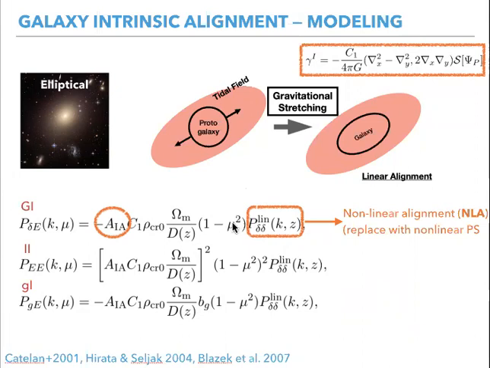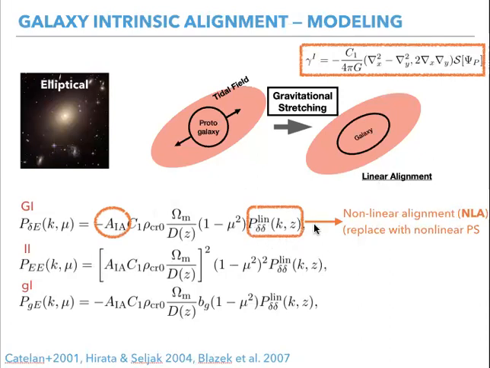And mu here is the cosine of the angle between k and the line of sight, and D(z) is the growth factor, and C1 rho critical 0 is just a constant that has been calibrated by some intrinsic alignment observations. And this A_IA parameter is the parameter that I'm going to talk a lot about in the following. It characterizes the strength of the intrinsic alignment signal. And this is the so-called linear alignment model.